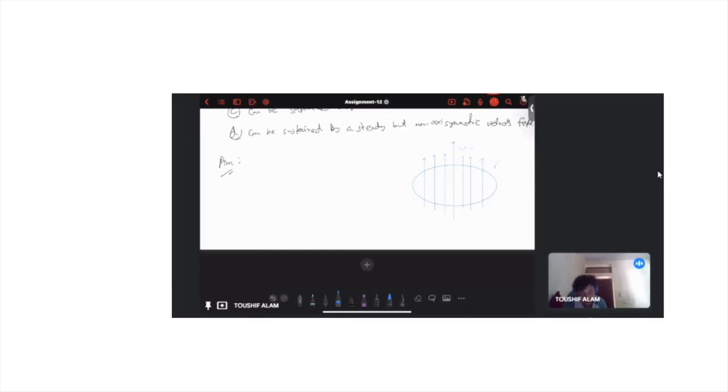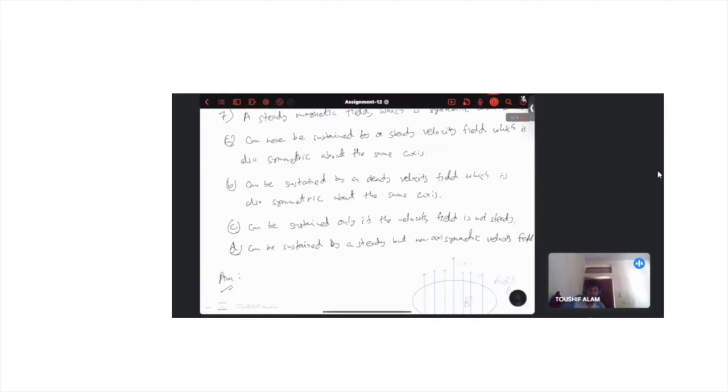So the magnetic field, the field lines, okay, this is the B. So what are the possibilities?